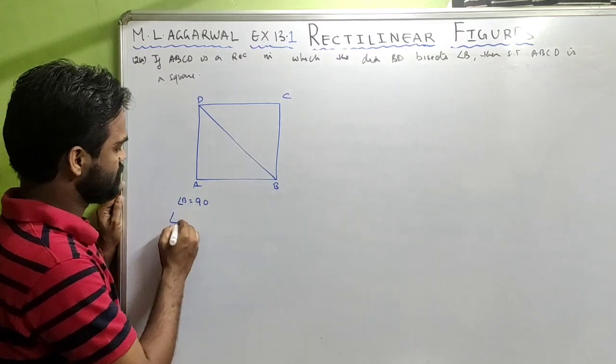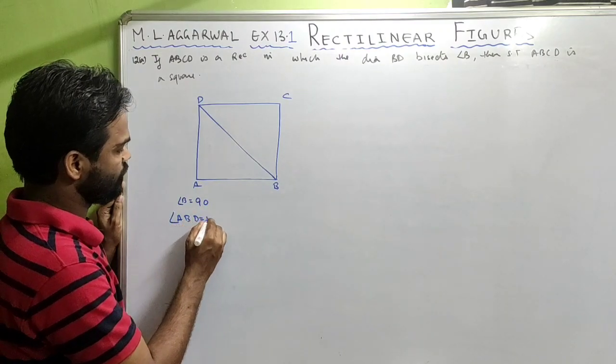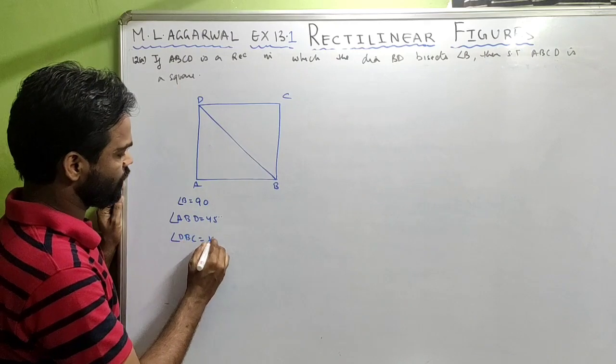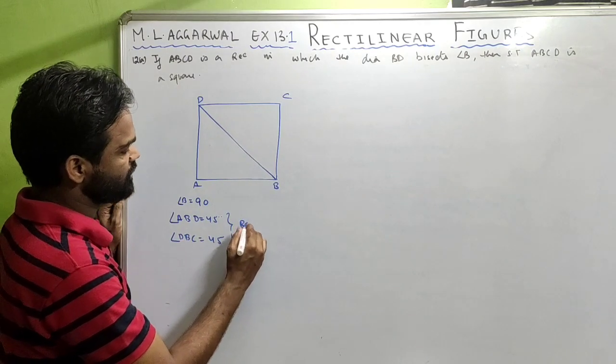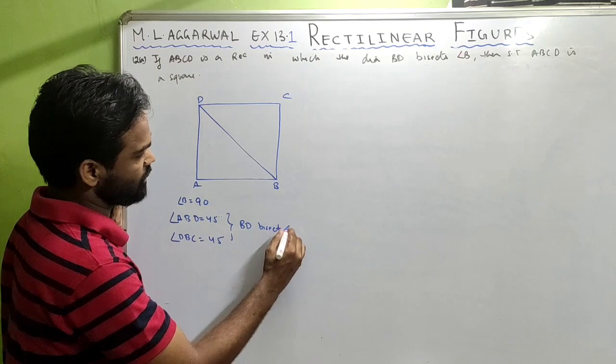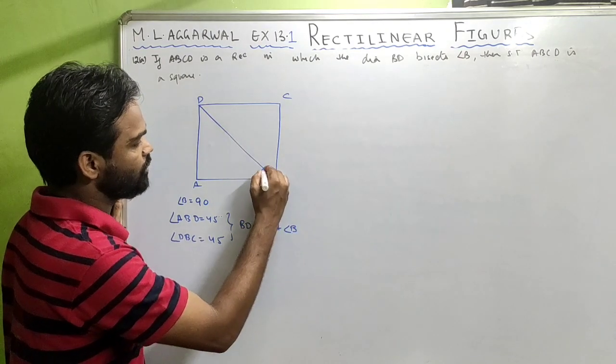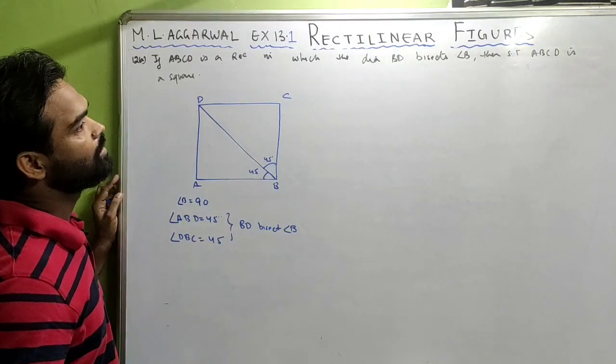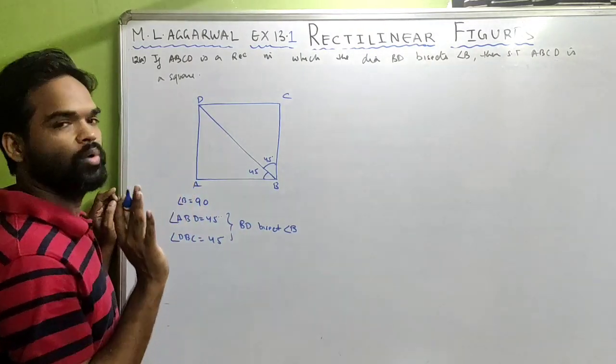So ABD is 45 and DBC is 45. Why? Because BD bisects angle B. They've already told. So this is 45 degree, this is 45 degree. Okay, show that ABCD is a square.